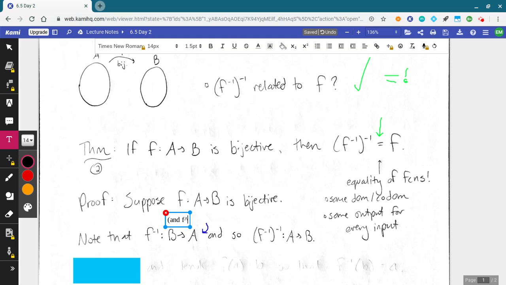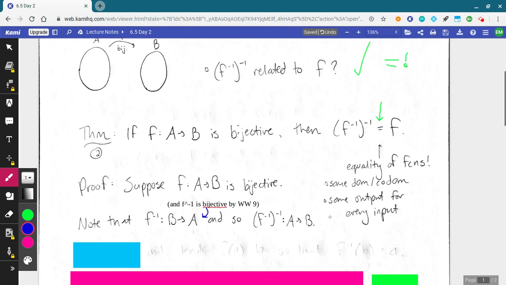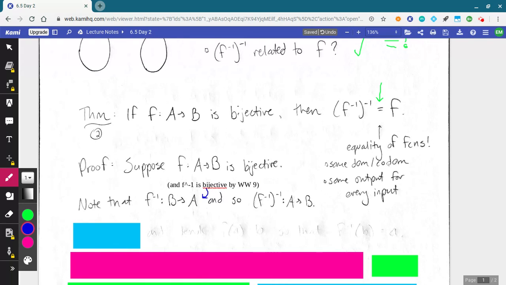And f inverse is bijective by weekly work 9. All right, so it has an inverse function, and that inverse function is going to map, just reversing these, from A to B. All right, so these two functions have the same codomain and domain.